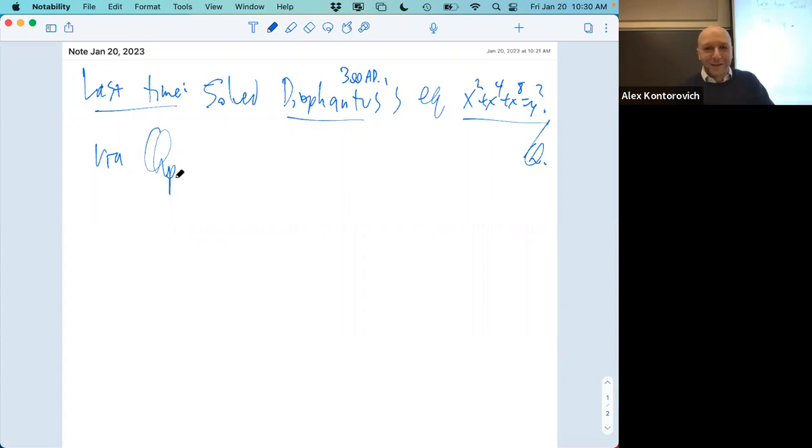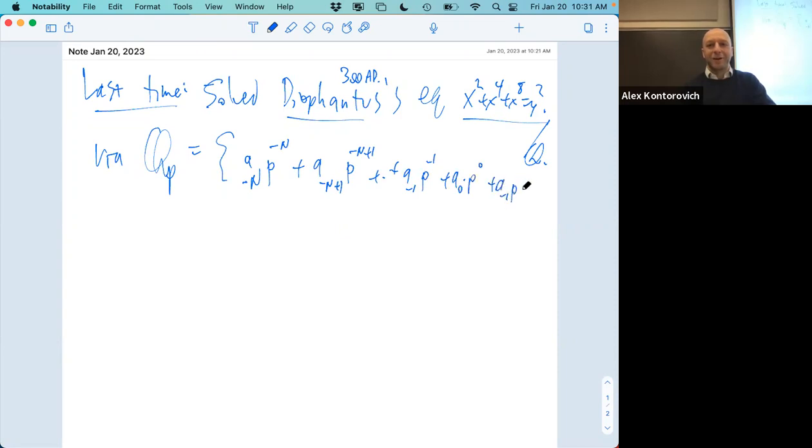So anyway, that has nothing to do with p-adic numbers, but Diophantus solved this equation. So what are the p-adic numbers? The numbers that look like a_{-n} p^{-n} plus a_{-n+1} p^{-n+1}, down to a_{-1} p^{-1} plus a_0 p^0 plus a_1 p^1 and a_2 p^2, and so on.